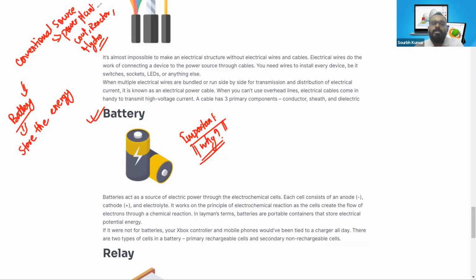So these are the conventional sources from which we get electricity. And we cannot maintain the integrity of conventional sources, because sometimes something happens in the power plant or the grid goes down for maintenance, and they cut off the power coming from the conventional source.